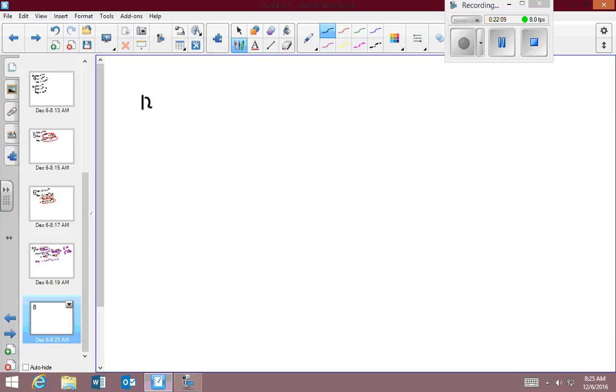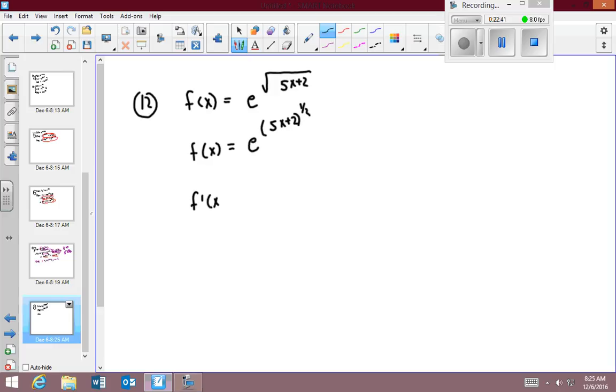Well, f of x equals e to the square root of 5x plus 2. What I'm going to do is rewrite that exponent as a fractional, 1/2 power. I'm going to take the first derivative.